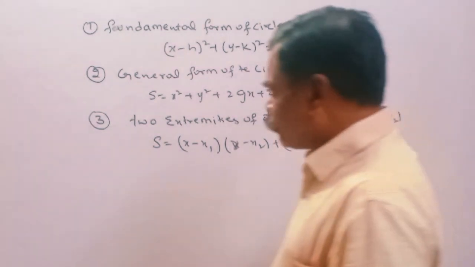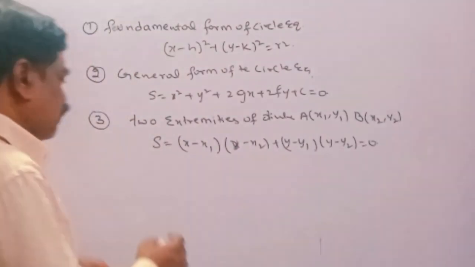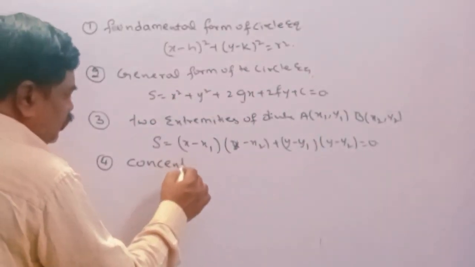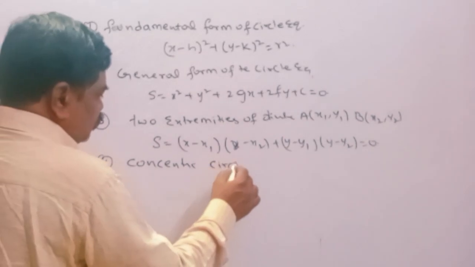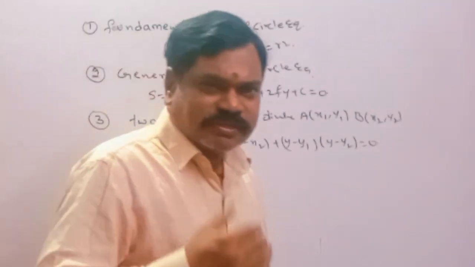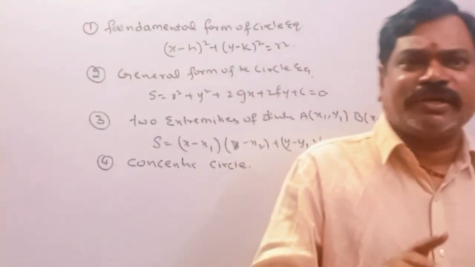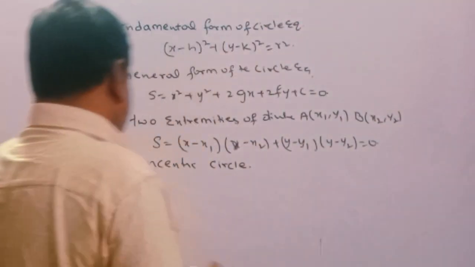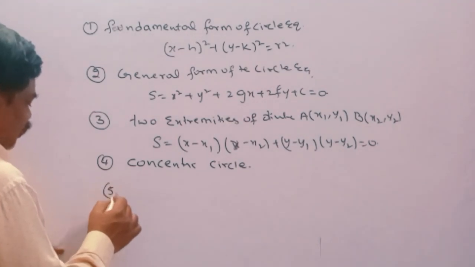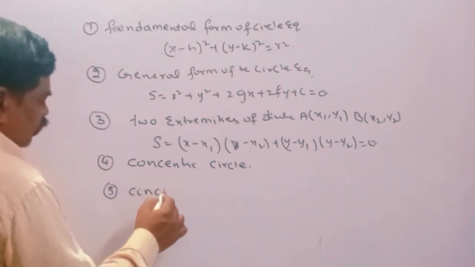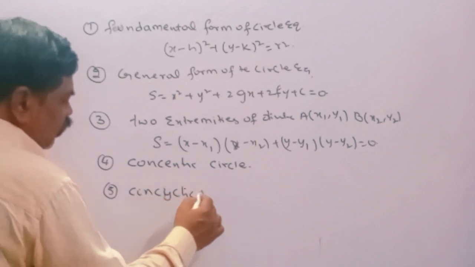And the fourth one is concentric circles. Concentric circles means circles having the same center but different radii. And the fifth one, concyclic points.